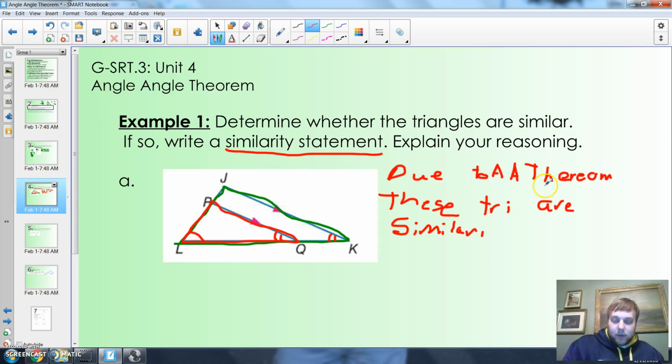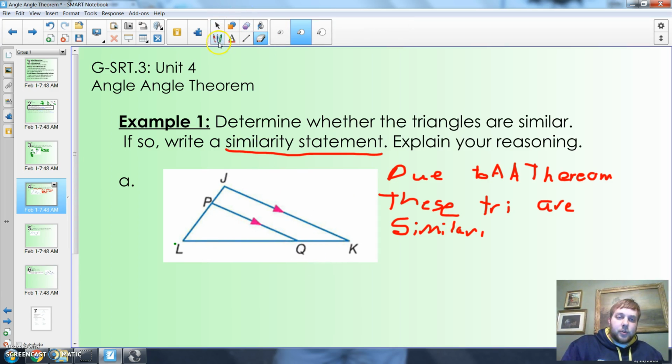Now it also says write a similarity statement. So I explained my reasoning behind this, but the similarity statement is basically taking both triangles and saying they're similar. So for the similarity statement, I'm going to take the big one first. I'm going to start off L, J, K. I'm going to make this a triangle.